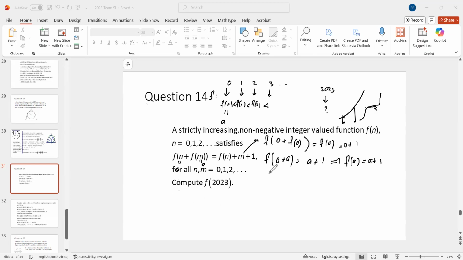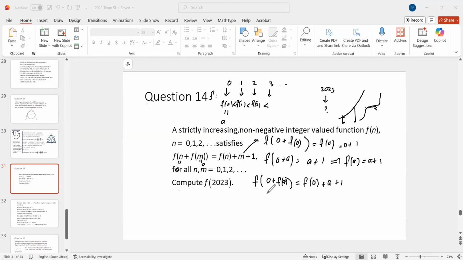Same equation: f(f(0) + f(a)) is equal to f(0 + a + 1).